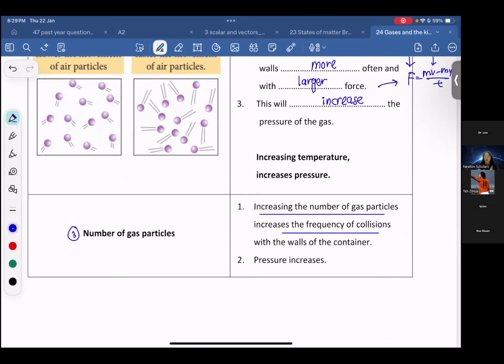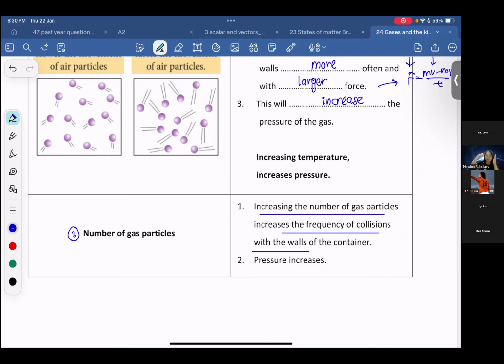Okay, more collision. Here I want to emphasize that in your IGCSE exam, you don't just say "more collision" or "more often collision," full stop. No, there is one keyword: collision with the wall. You must mention the wall. Of course, not only collision with the wall, a molecule and molecule itself also will collide. But that is not causing the pressure.